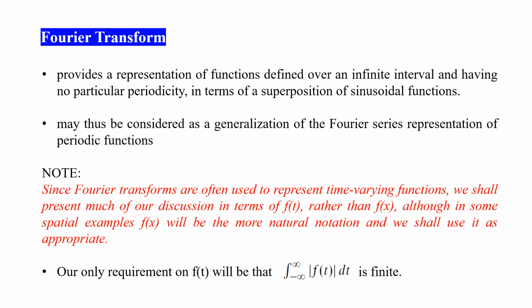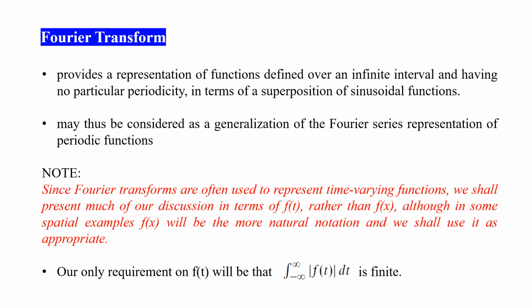Since Fourier transforms are often used to represent time-varying functions, we shall present much of our discussion in terms of f(t) rather than f(x). Later you'll see that most of our examples will have f(t), as opposed to f(x), which we used in our previous lesson on Fourier series.